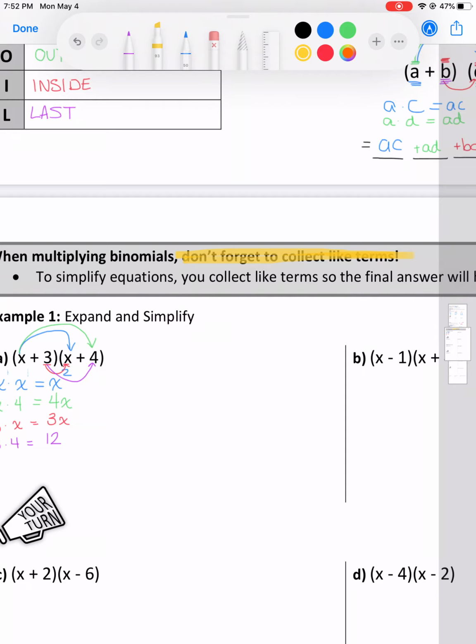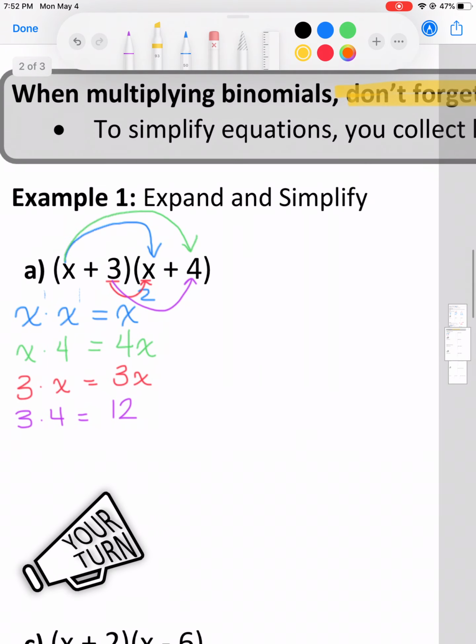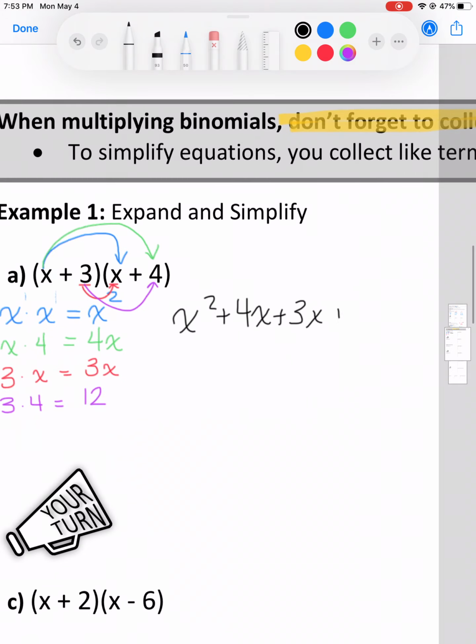So, I'm going to write out this equation flat, let's say horizontally. Okay? So what I'm going to do is go back to just one color. So we have x squared plus 4x plus 3x plus 12. So you need to look now for collecting like terms.